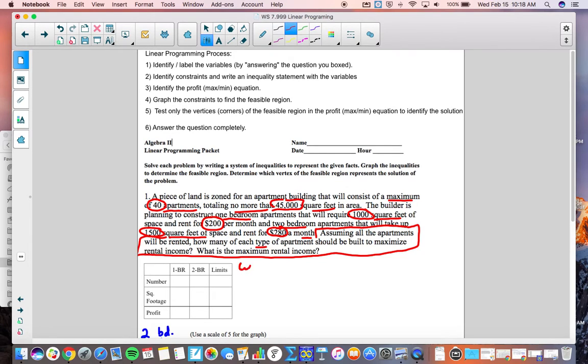So we can answer the question: we should build blank 1-bedroom apartments and blank 2-bedroom apartments for a max profit of blank.